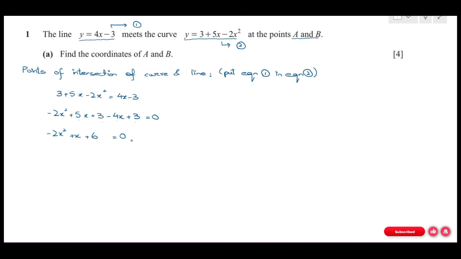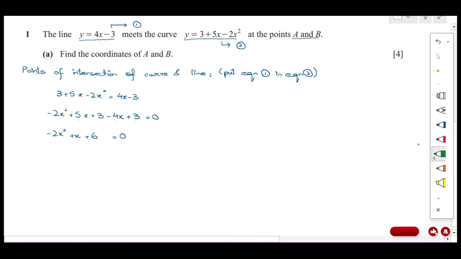Now we need to factorize this quadratic equation to find the roots, the x values. Let me do the factorization. Here we can say minus 2 times 6 is minus 12. Now we need to find the factors of negative 12 which, when we add them up, give positive 1, the middle term, right?